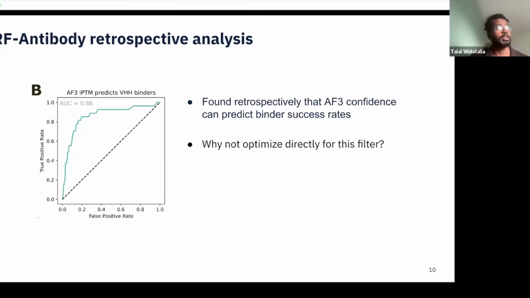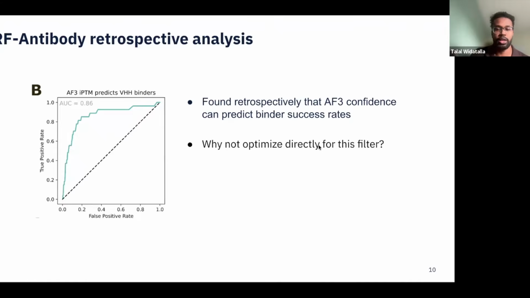So looking at the antibody design task, this diffusion model was not necessarily able to achieve high success rates, but we see that with this filter, the success rates can be boosted. So the question comes to mind, why not directly optimize for this filter? Especially on the heels of Minecraft, which saw very high success rates only by optimizing for structural confidence, and of course having many filters on top of that.